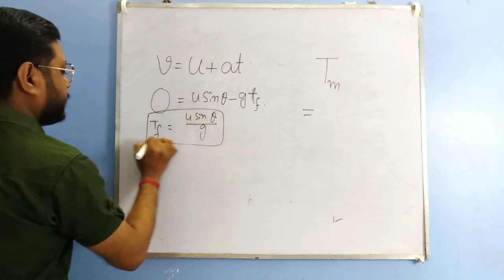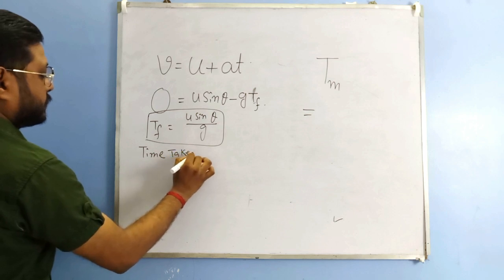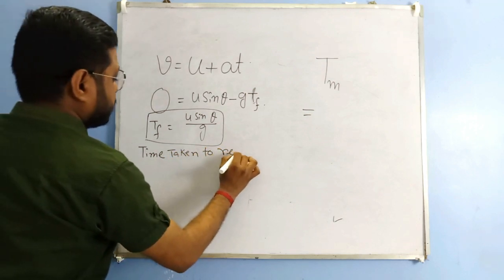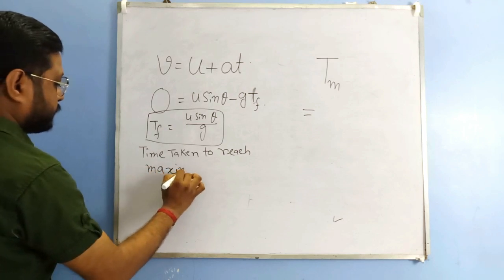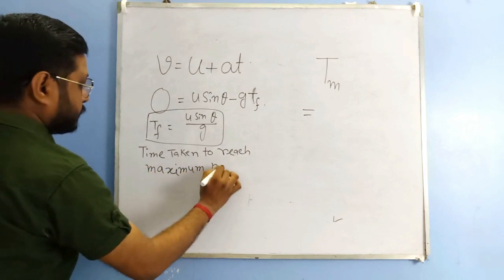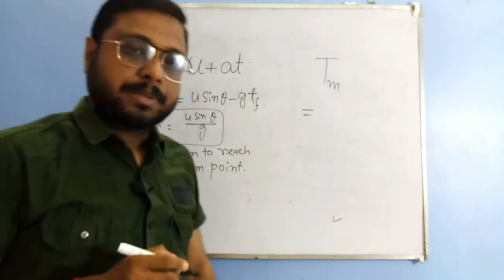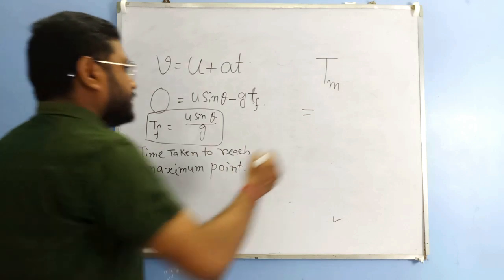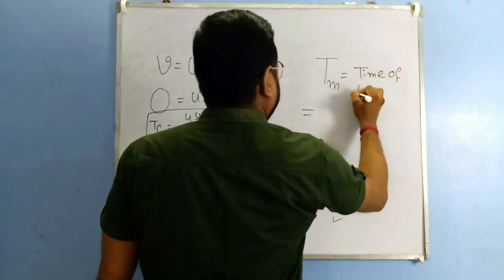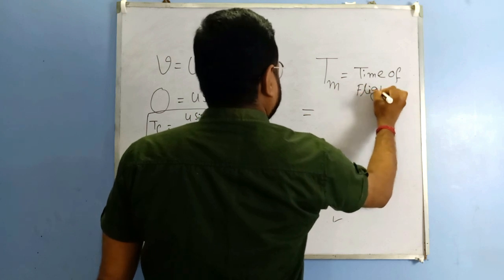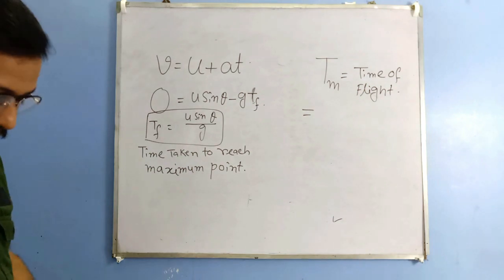This is the time taken to reach the maximum point. And Tm is the time of flight, that is the total time of the projectile, from the point of projection to striking the ground.